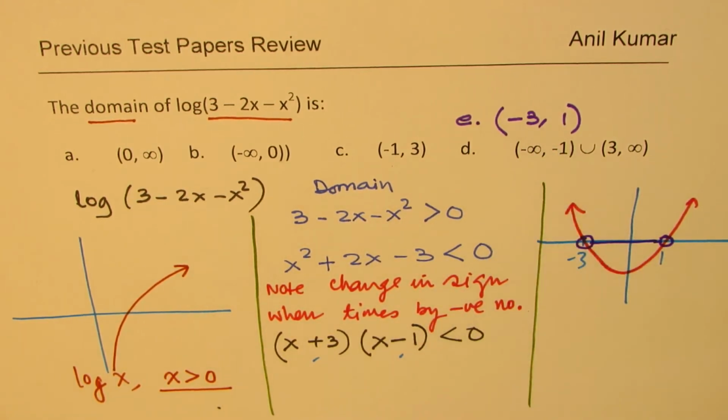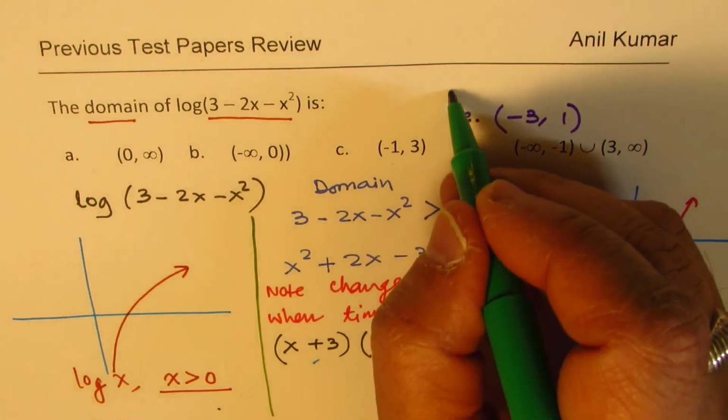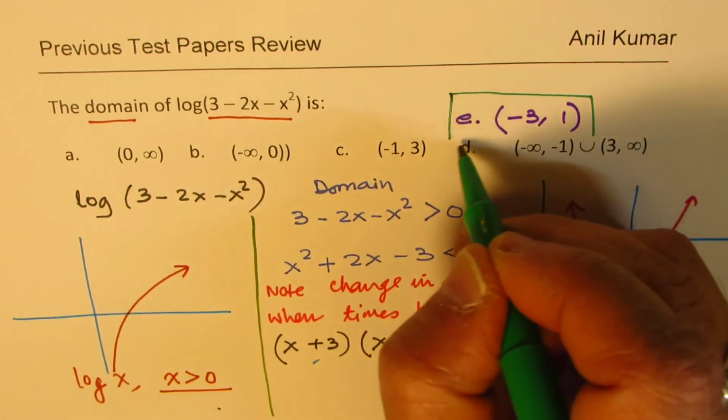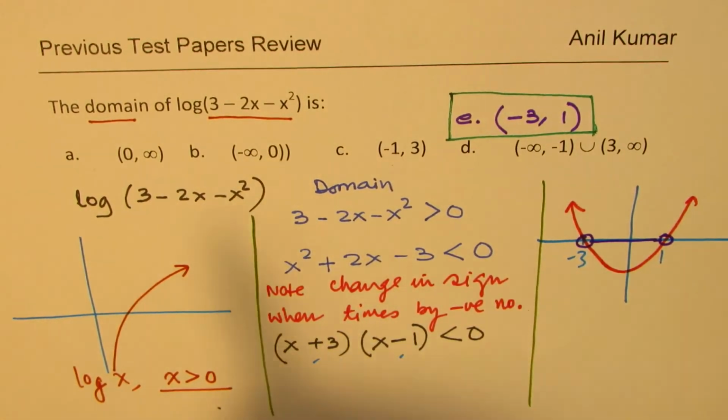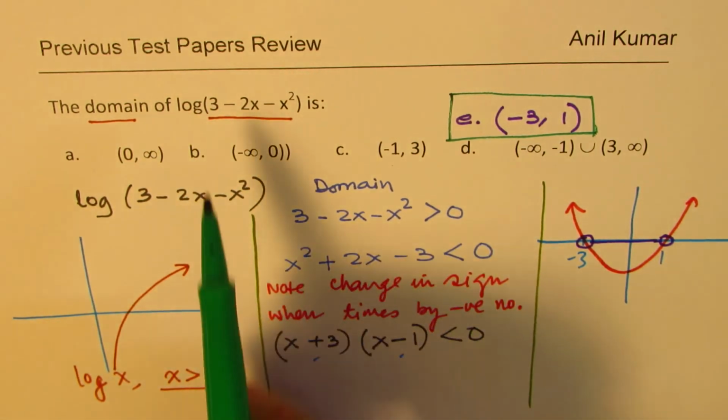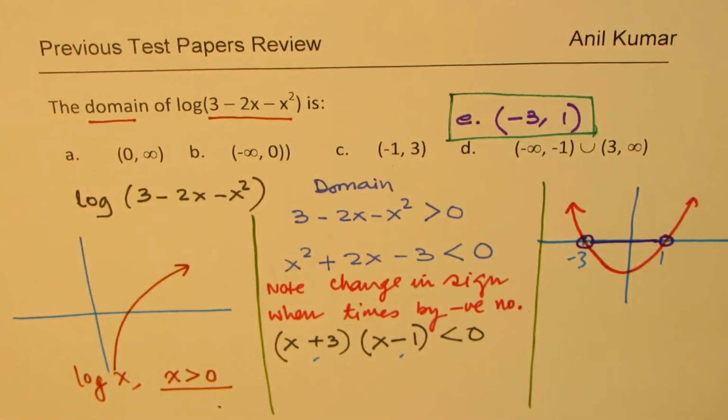So that becomes the domain for the given function, right? So E is your right answer, correct? Sorry for the typing error. I actually missed a sign here, so the answers are not very correct. It was -3 in the question, so I missed that. But anyway, you understand how to solve this question, correct?